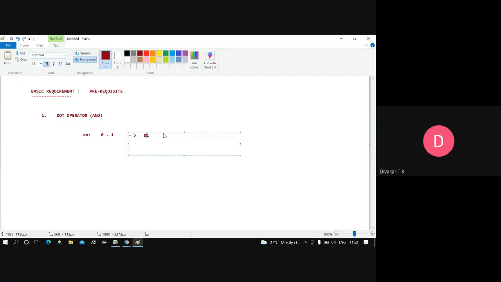If I don't write the dot, it means a dot is present. Both are the same, guys. If 0.1 is given, it's the dot operator. If they write without the dot, you're supposed to understand this is a dot operator.